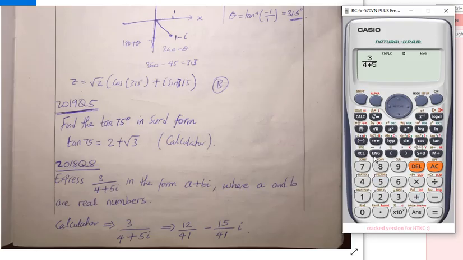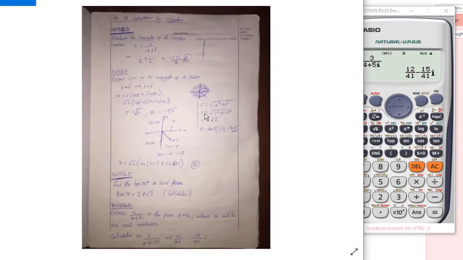You see the way I'm pressing it, I don't need to solve anything. So it's equal to, you see, 12 over 41 minus 15 over 41 i. Assuming this was the original question, like any question you are given this way, press it on the calculator the way I'm showing you. It will give you your answer directly. Do you understand?